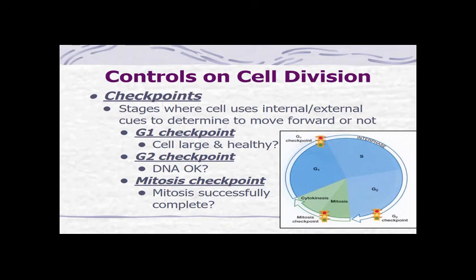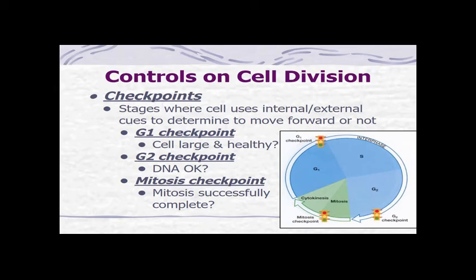The other option, if that cell is beyond repair, beyond healing, then the body can actually destroy that cell. And that's called apoptosis, when a cell basically commits suicide so that we don't have those damaged cells continuing to be reproduced.